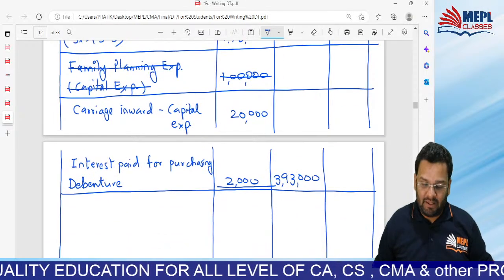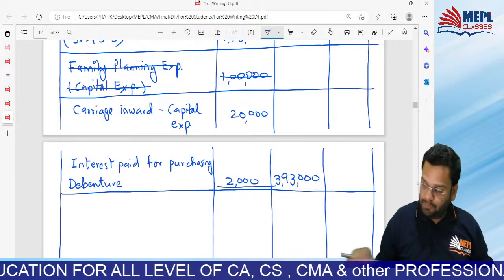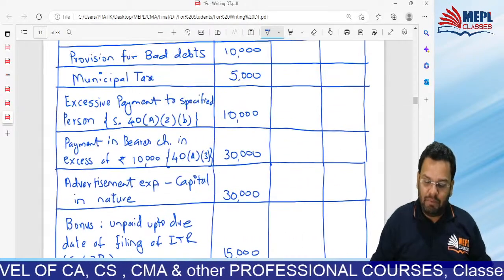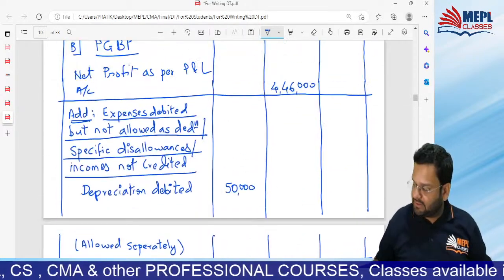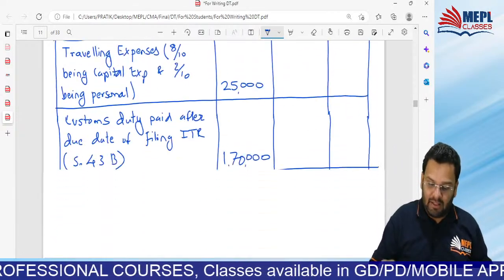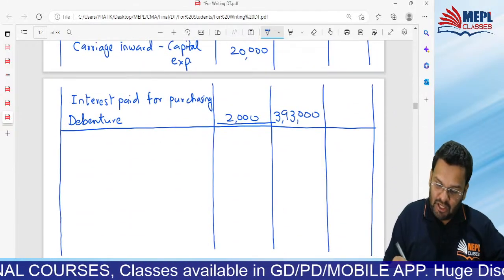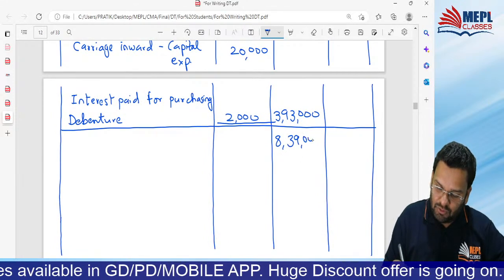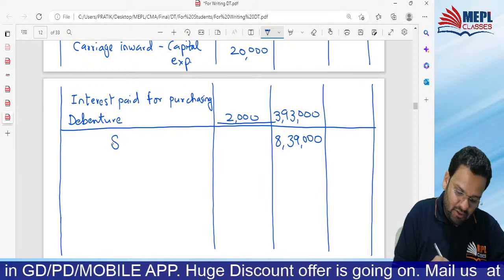Yes, 3,93,000. Now take subtotal of 3,93,000 and NP of 4,46,000. You will get 8,39,000. Check whether you are getting 8,39,000. This will be your subtotal.